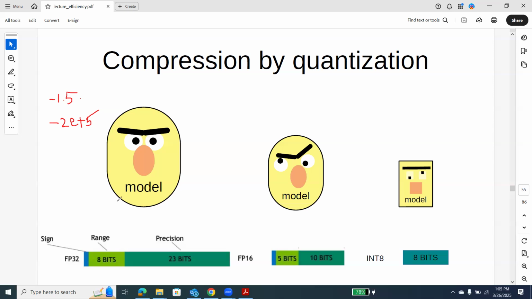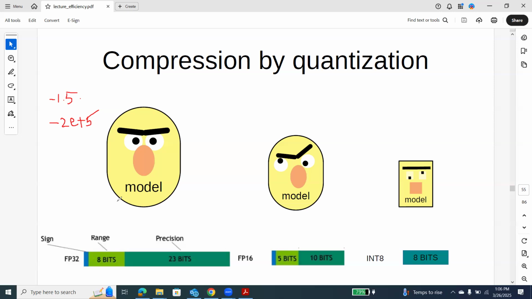But in neural networks, if we use random noise, for example, or dropout, maybe we don't want to store all 9 digits after the dot. Maybe we can keep only 3 digits. So this is one idea. The second idea: typically, the weights of a neural network are not very large.